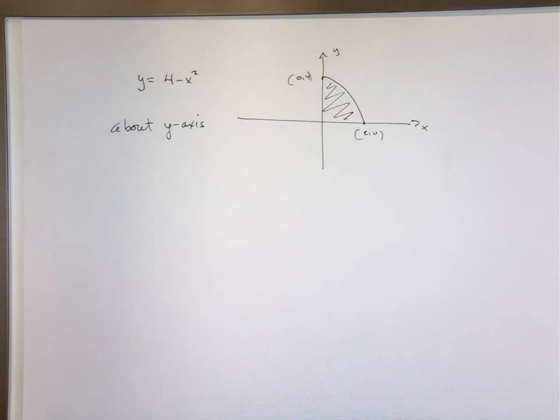It's not all that difficult. But there is a choice in that. I could take a rectangle this way and whip it around the y-axis with a disk. Now, if I take my rectangle this way and get that disk, this is not a delta x, that's a delta y. And everything has to be in terms of y.